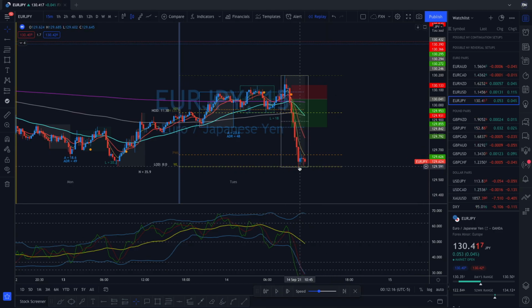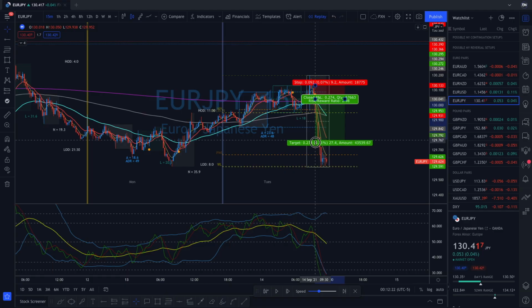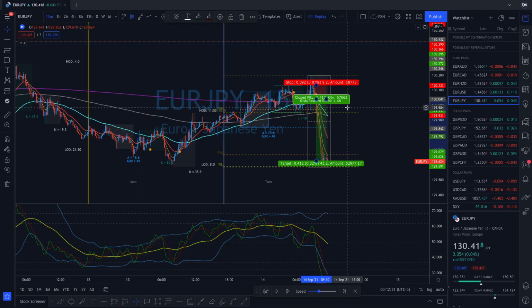All right, so this went ahead and tagged, went literally to structure. You see that? Previous day's structure. So if you were to follow this, this is like damn near a 4.5 to 1 risk to reward ratio on this particular trade. So, very good trade.